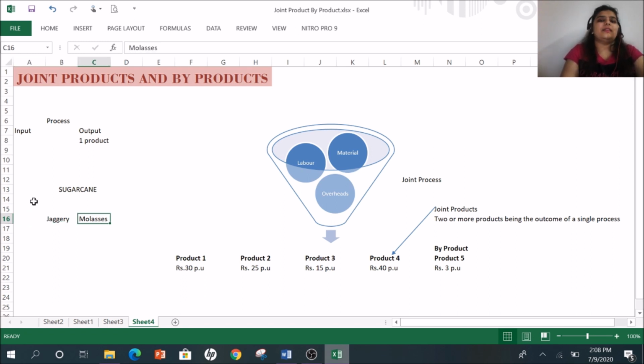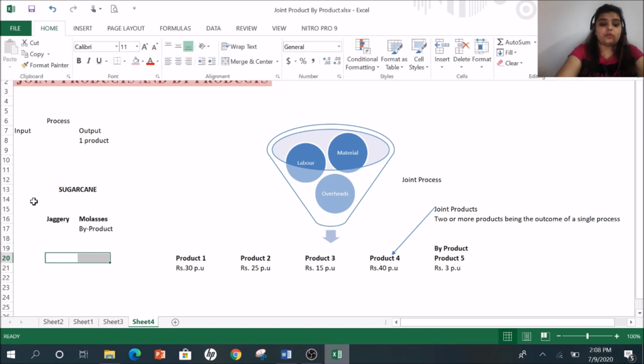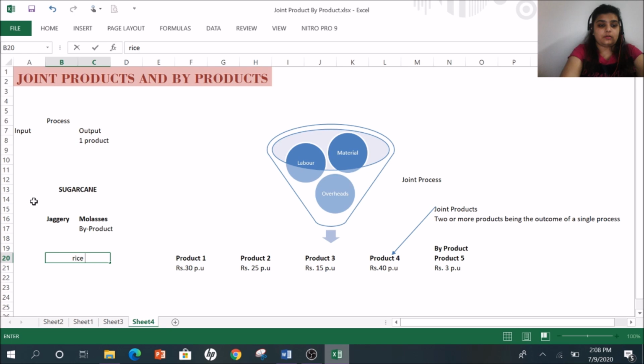This is incidental to the process. That is why this is my byproduct. Also, the value of molasses is much lower than the value of jaggery. That is why molasses are known as the byproducts. Similarly, when we are processing the rice, when we are polishing the rice, so the process name is rice polishing.